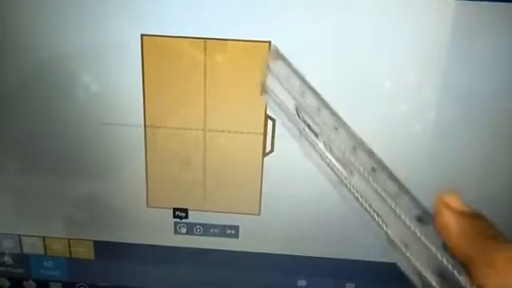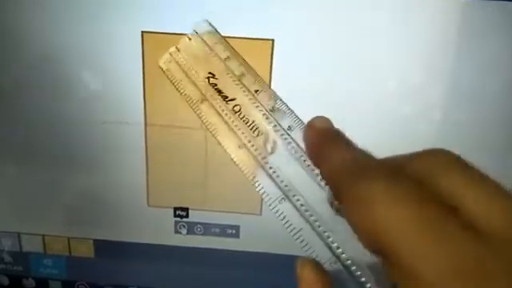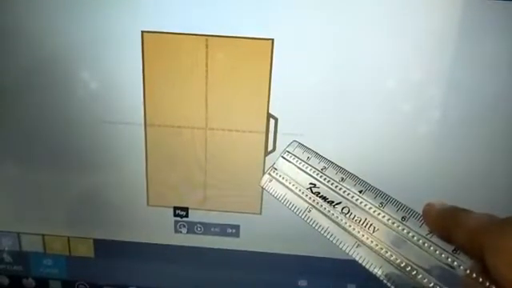So what happened? It has changed its position. Children, this is called a quarter turn. From 90 degree to 180 degree, it is called a quarter turn.